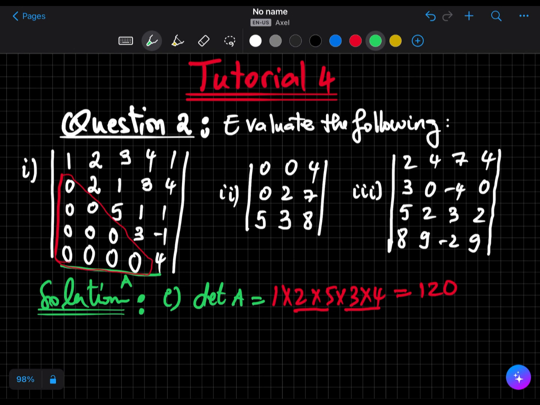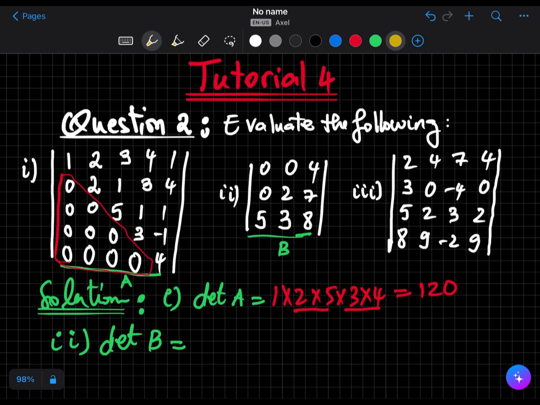Okay, so let's have a look at case 2. Let's call this matrix here B. So we are finding the determinant of B. What I see is that I already have 0, 2 zeros in the first row and 2 zeros in the first column.